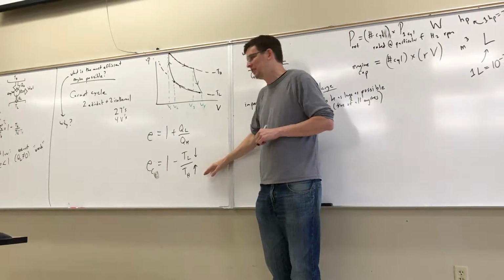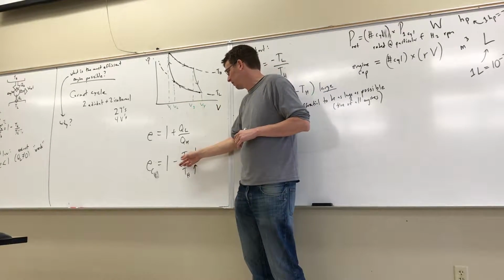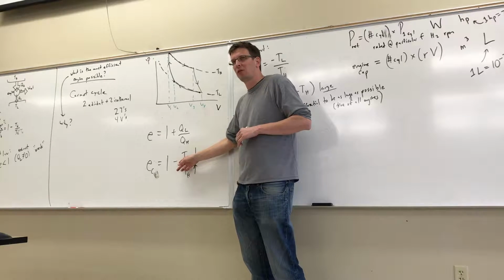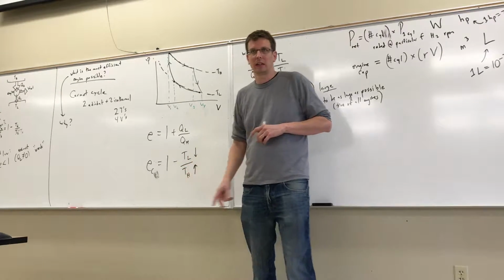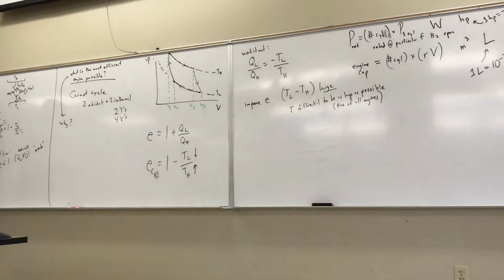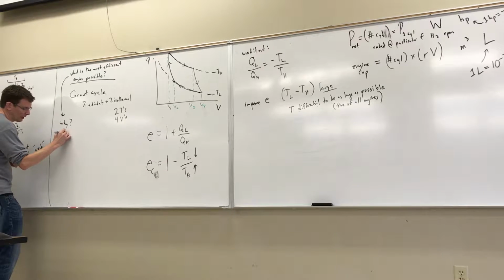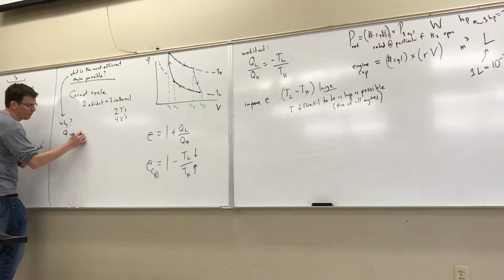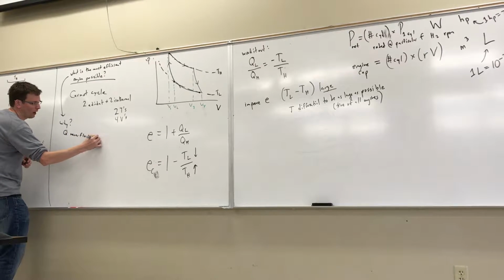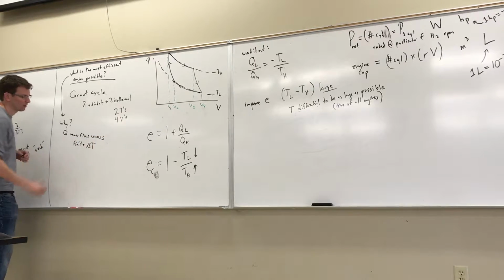I've sort of motivated why this is better, but at this point there's no proof that you can't get some other term in here that could make it even smaller, right? So the reason why, and again it's a little bit beyond the scope of the course, is that this cycle is one where heat never flows across a finite temperature difference, okay?